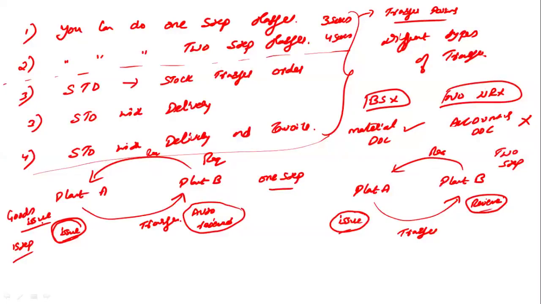You are auto posting the goods receipt. The material might reach the technician or might not reach the technician. In the system, it is saying that it has reached, but I don't know physically whether it has reached or not in one step. In two step, I have a confirmation that it has reached the technician. So if the business is okay with not knowing whether the material has reached the technician or not, they will go with one step. And if the business needs confirmation that the material has reached the technician, then I'll pass this goods receipt. Then you can go with two step. So that is the difference.